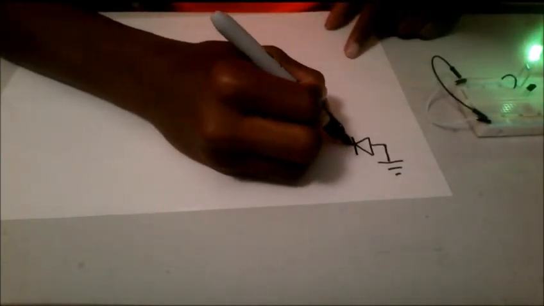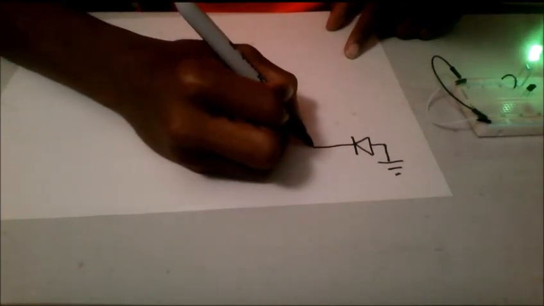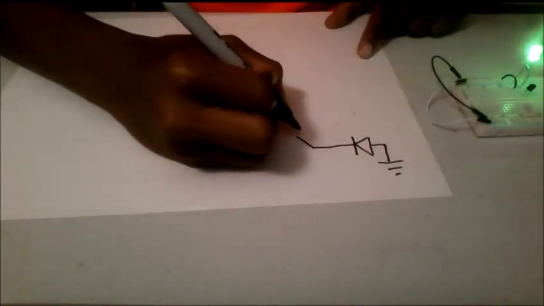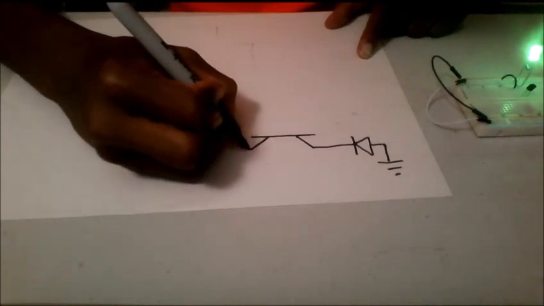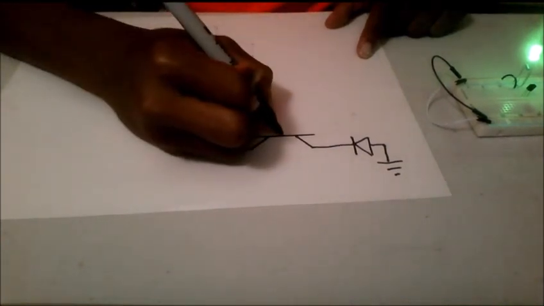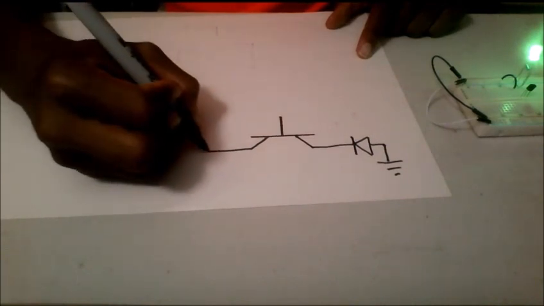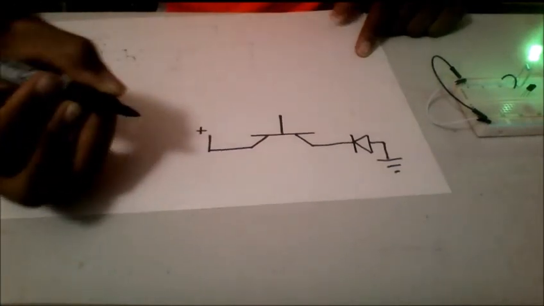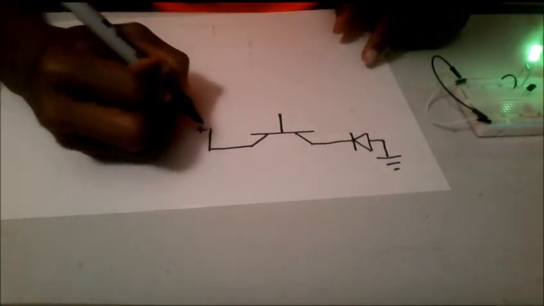And then this goes to a transistor. That transistor is going up to positive. So let's just put it close right here. Alright? Well, let's have it as a battery, right?